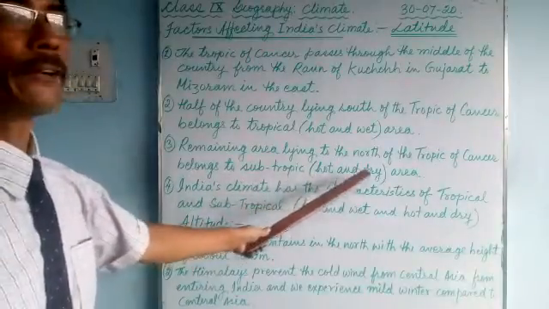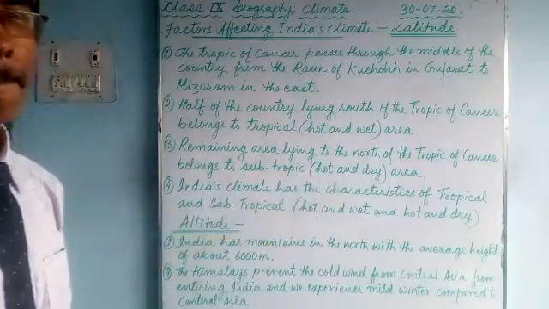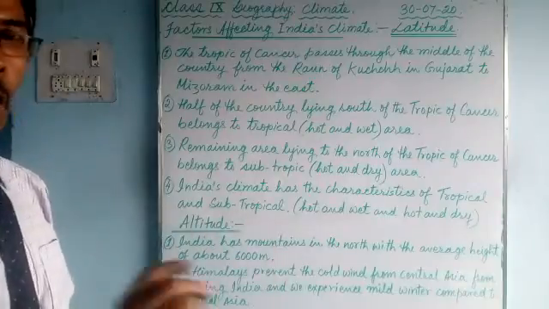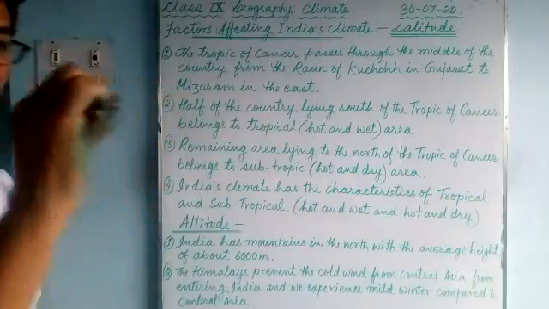Subtropic means hot and dry. So India experiences two types of climates, hot and wet, hot and dry. It is because of this Tropic of Cancer.